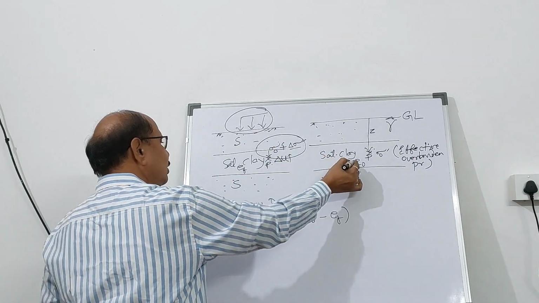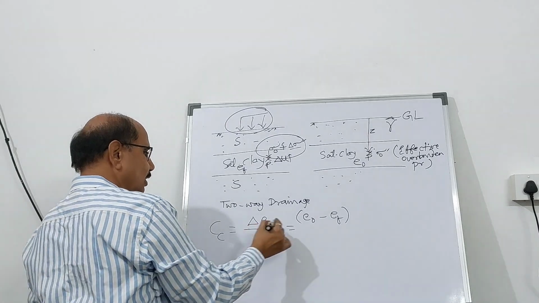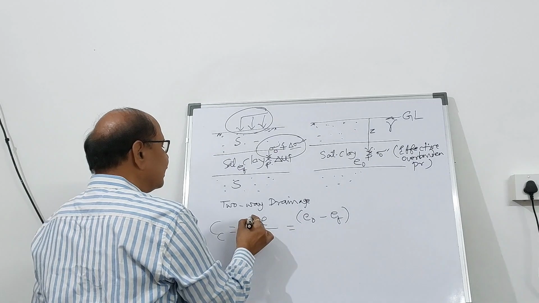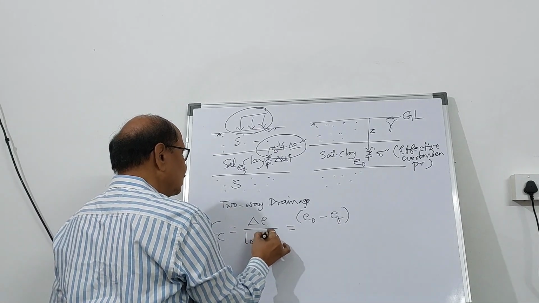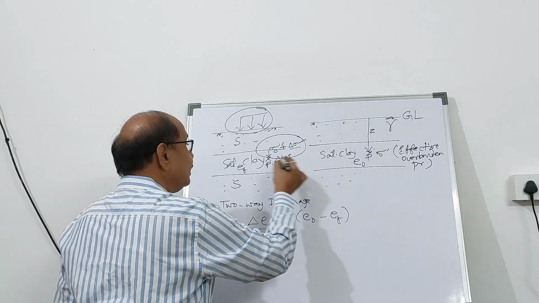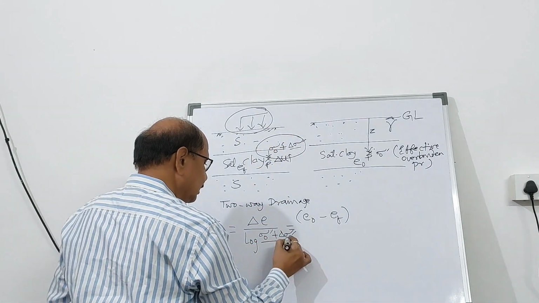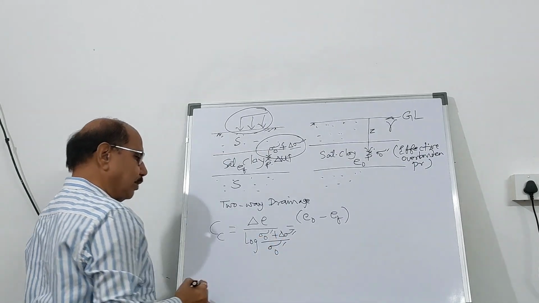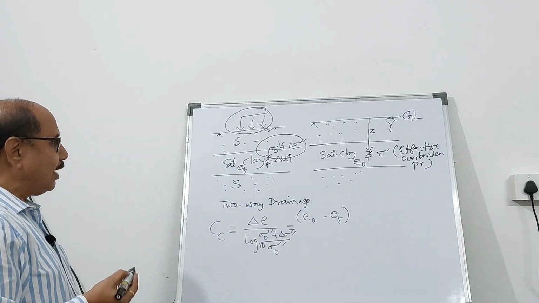The difference of the two gives you delta e, the decrease in void ratio, divided by log of sigma naught prime plus delta sigma prime, the intensity of this loading at any point, divided by the effective overburden pressure, to the base 10. So this you can find out.